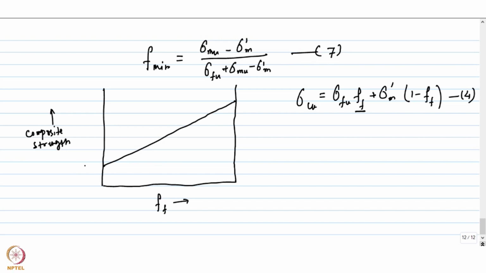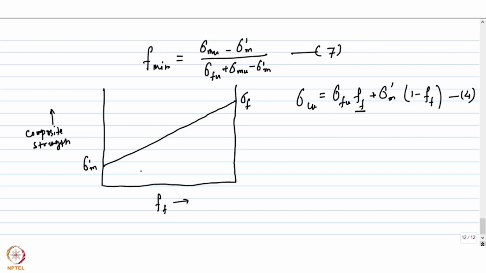So therefore, this intercept will be sigma m prime, as you could see from this equation, when Ff is equal to 0. And this end will be the fracture stress of the fibers when Ff is equal to 1. Okay.